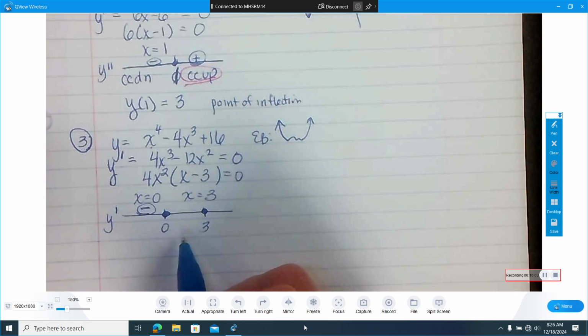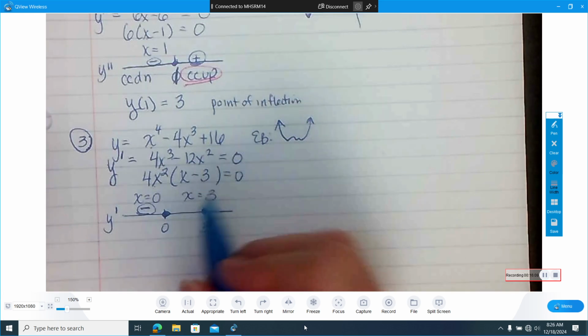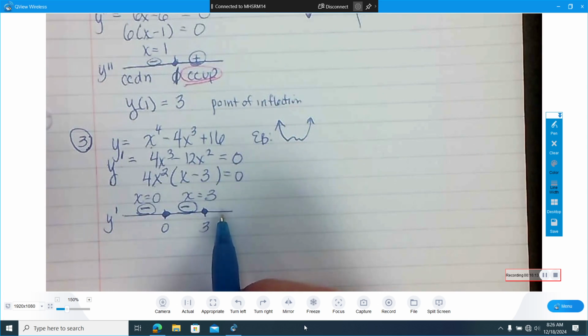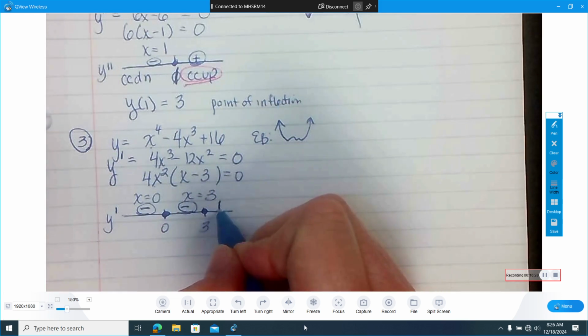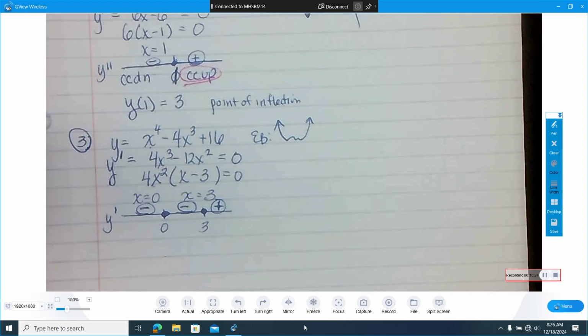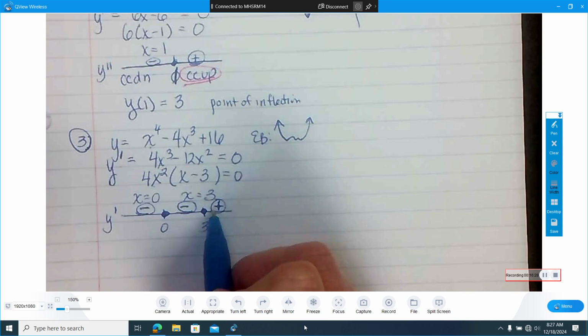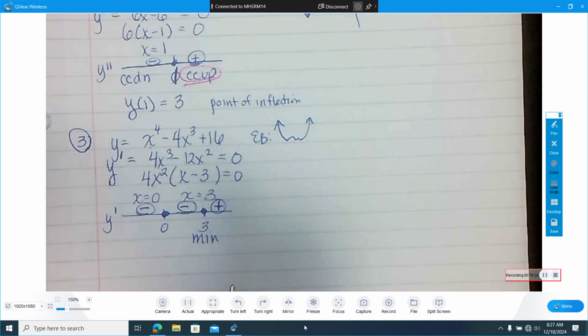Between 0 and 3, I could plug in an easy number like 1. If I plug in a 1, I get a positive result here and a negative result here, so negative again. To the right of 3, something big like 10, here we get positive values, and here we also get positive values. Positive times positive is positive. So because it's going from decreasing to increasing, at 3 we would have a relative minimum.